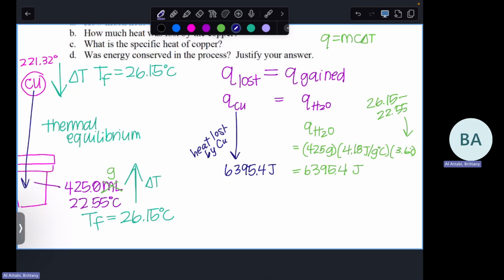Now, question B, how much heat was lost by the copper? It's the same number. This is how we can do it, because equilibrium is reached, where the temperature is the same, and because heat was exchanged. That's why we have to insulate it, with the double styrofoam cup or with the bomb calorimeter that's sealed inside of a vacuum sealed container.